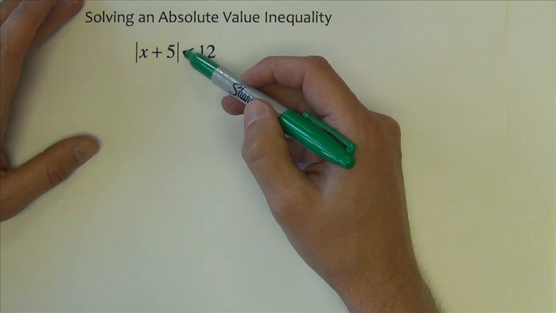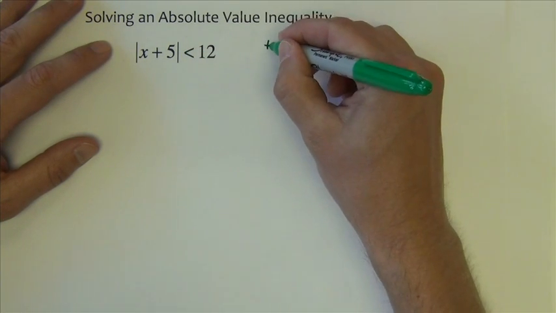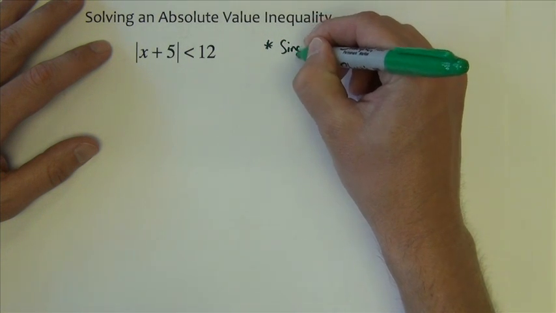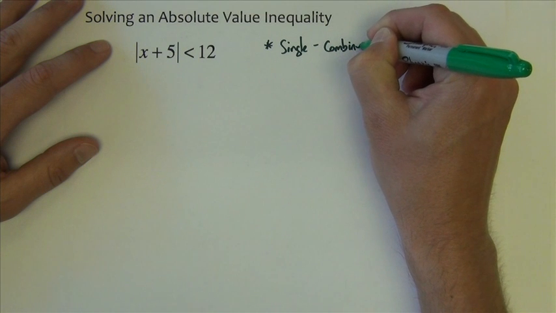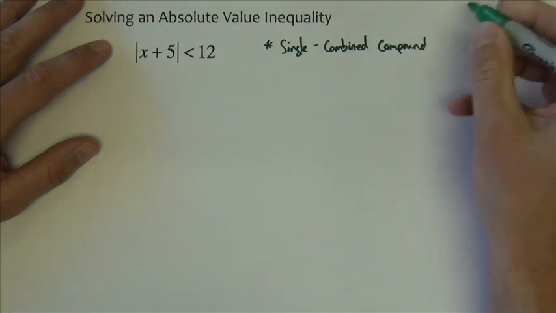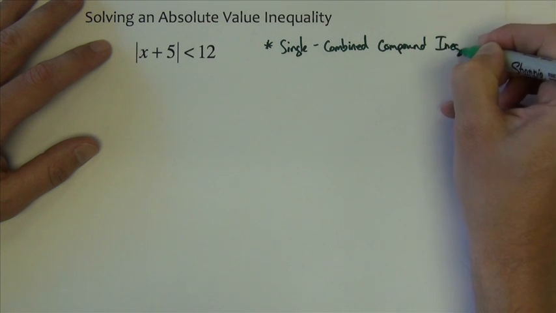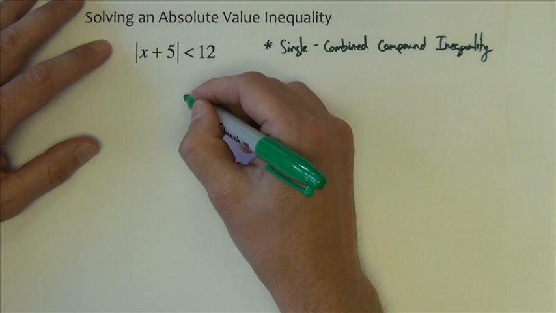Whenever we have a less than or a less than or equal to, we can write a single combined compound inequality. Okay, so I'm going to write this like this.